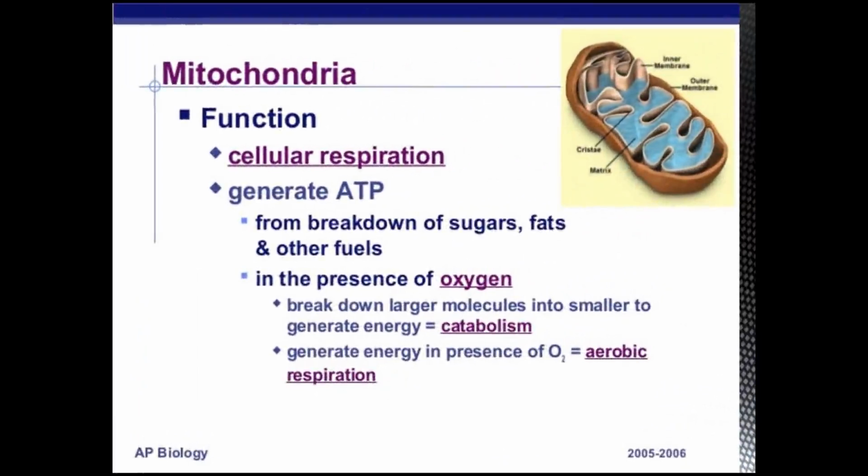Next, function of mitochondria. Mitochondria is the main organelle of cell respiration. It is very important. They produce a large number of ATP molecules, so they are called the powerhouse of the cell.